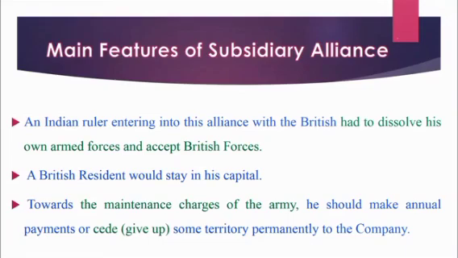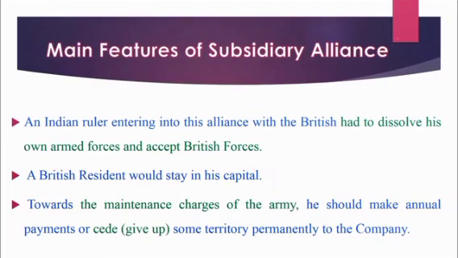When they entered into a subsidiary alliance, they entered into a legal agreement with the British, and they have to dissolve their own armed forces and accept British forces. The second feature is a British resident would stay in his capital, which means the British must stay in the capital of the native ruler.